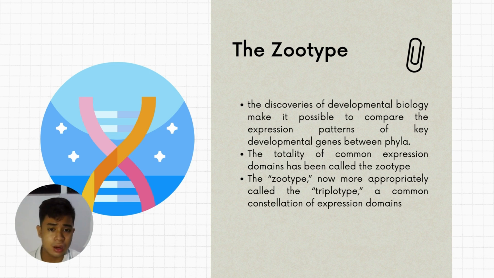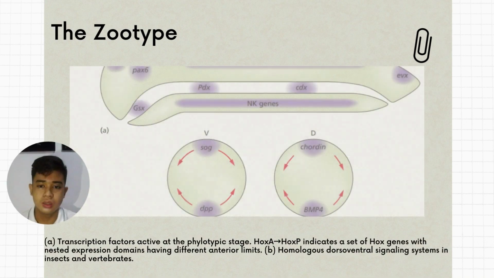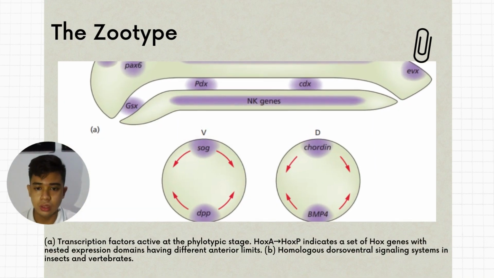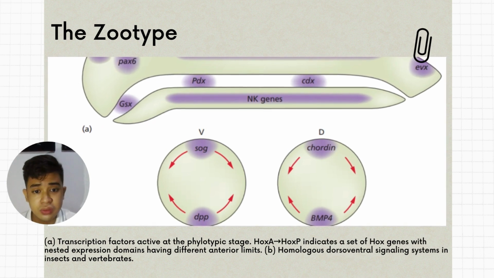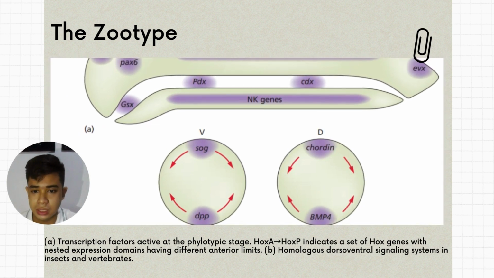Also, the zootype, now more appropriately called the triplotype, is a common constellation of expression domains. So this set of expression domains can be shown in the picture in the next slide. Now in this figure, we can see first, at letter A, the transcription factors active at the phylotypic stage.